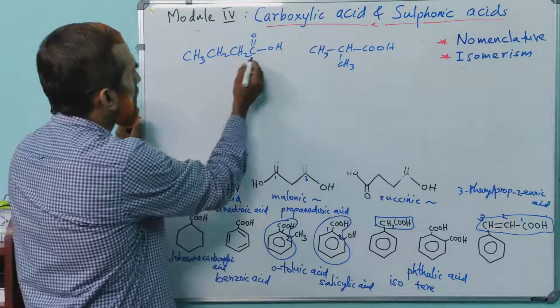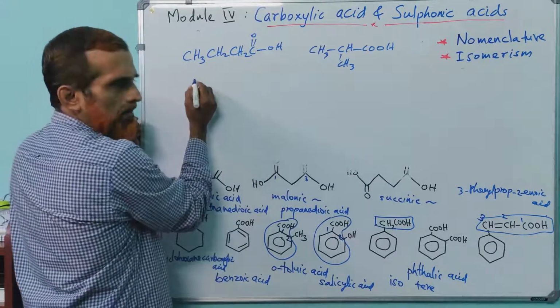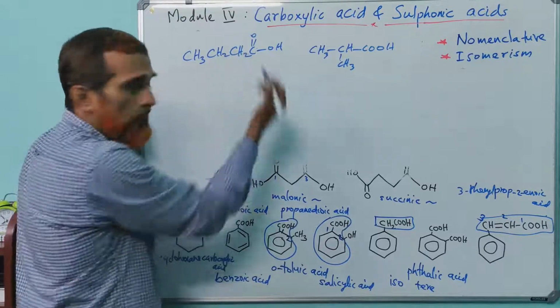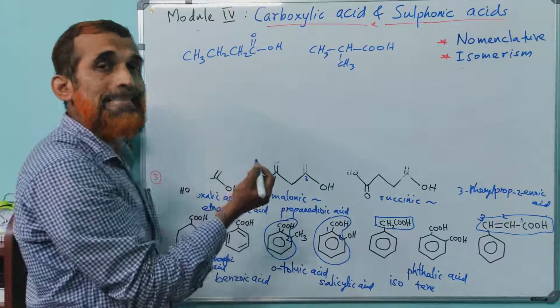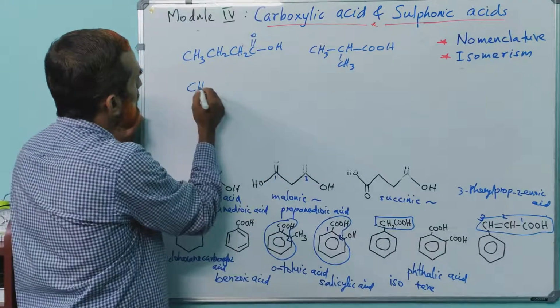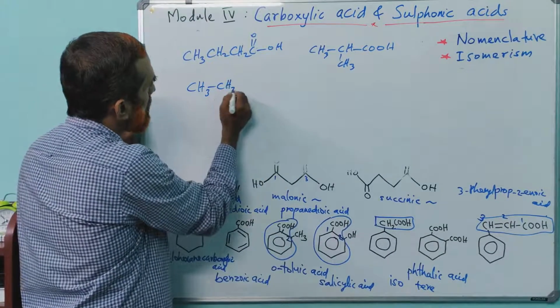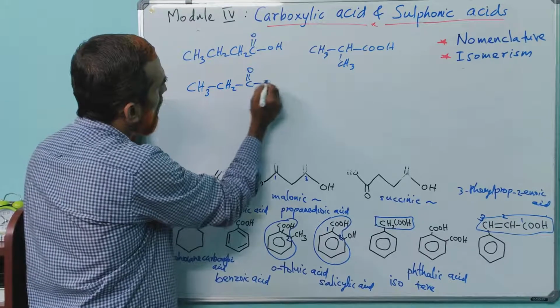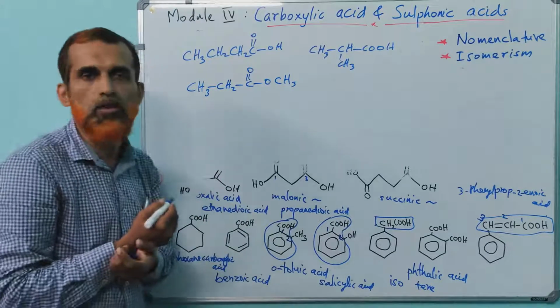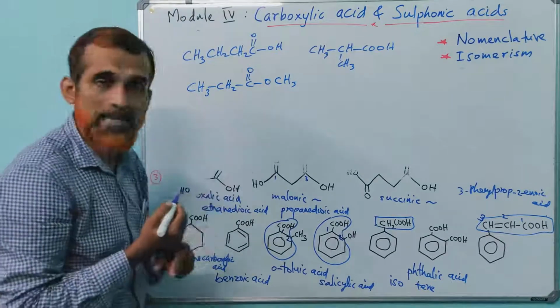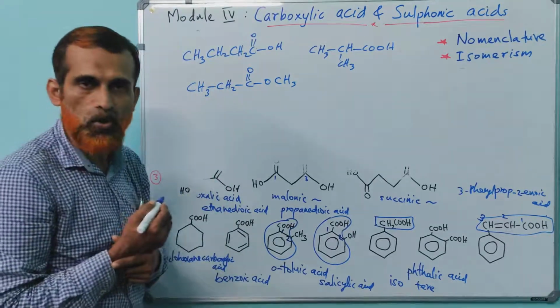Now, I can write one functional isomer with a different functional group. Instead of this carboxylic acid, I can make it an ester group, like this: CH3CH2COOCH3. You can check these have the same molecular formula. 4 carbons, 2 oxygens, and 1 pi bond, 1 double bond.